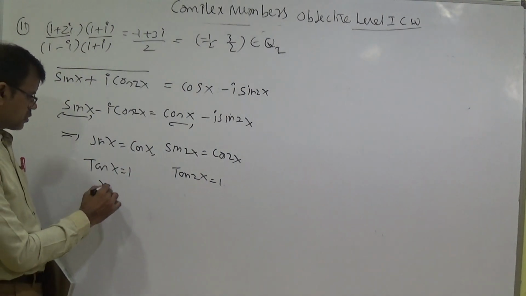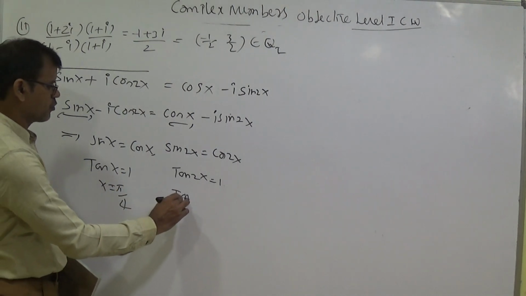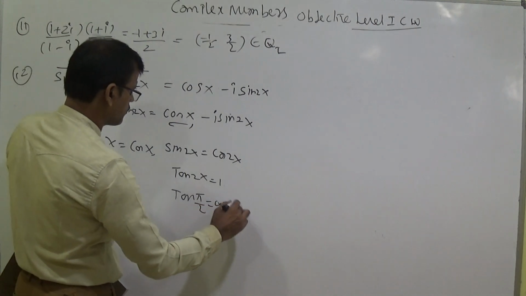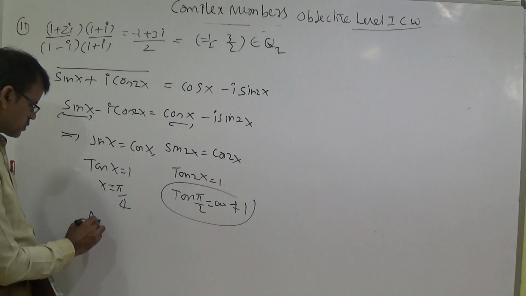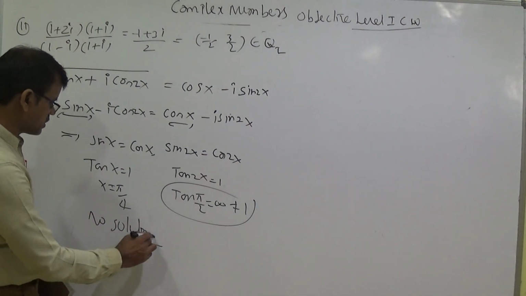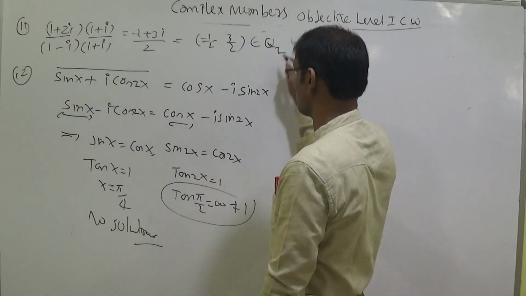Whenever tan x is equal to 1, x is equal to pi by 4. Substitute that pi by 4 here. This is tan pi by 2. Tan pi by 2 equal to infinity, infinity not equal to 1. So it is wrong. So wrong means it has no solution. So whatever the concept he has given, it is wrong. So no solution means the answer is the third option.